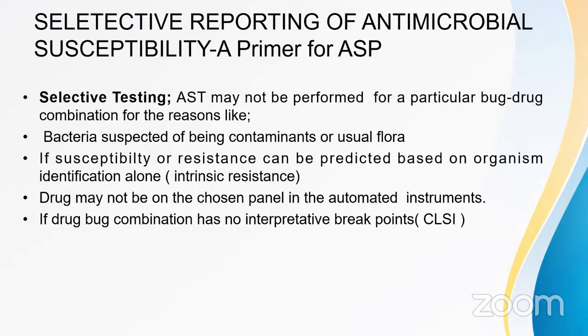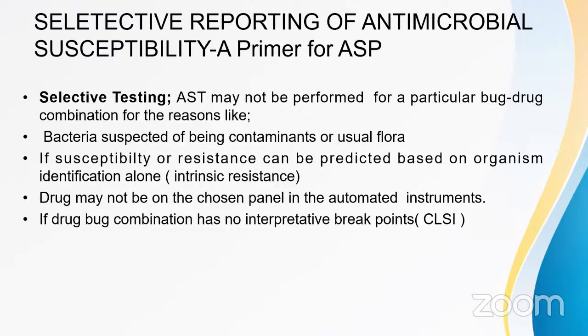It's good to know about selective reporting of antimicrobial susceptibility because it's important for the antimicrobial stewardship program. So what is selective testing and what is selective reporting? Selective testing means AST may not be performed for a particular bug-drug combination for some reasons: where bacteria are suspected of being contaminant or usual flora, we don't do ASTs.